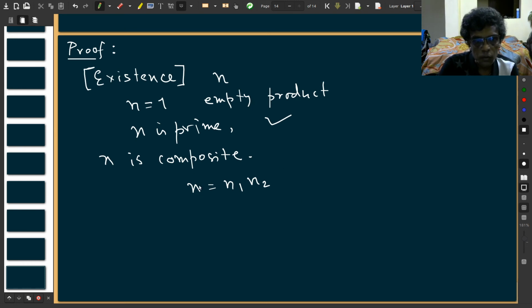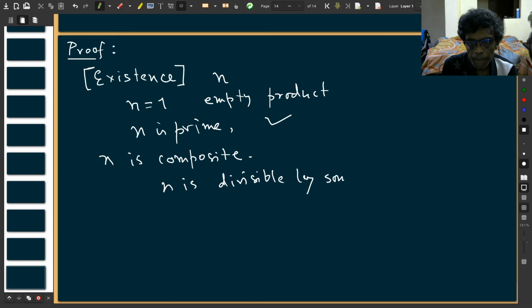Or maybe I will do it this way. We have proved some other thing: any composite integer is divisible by a prime. I have proved it a little earlier. So, n is divisible by some prime p.